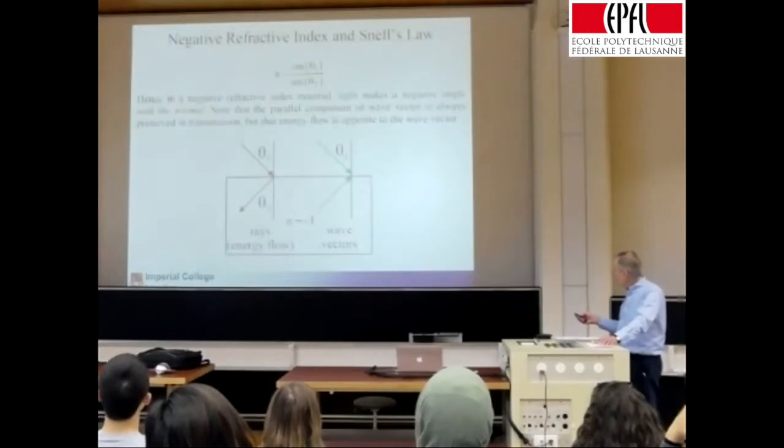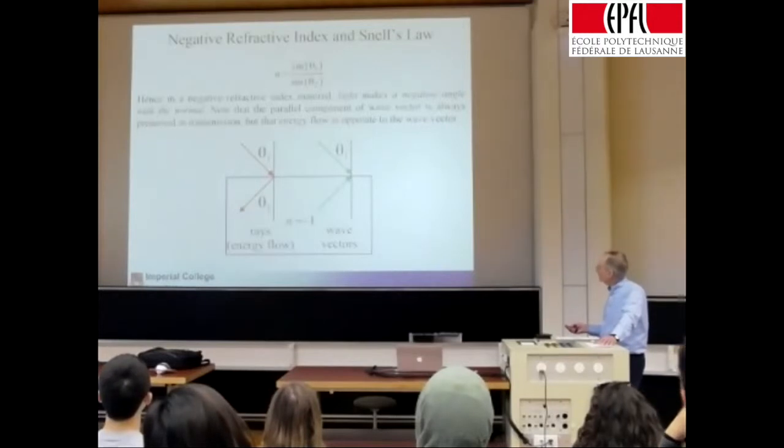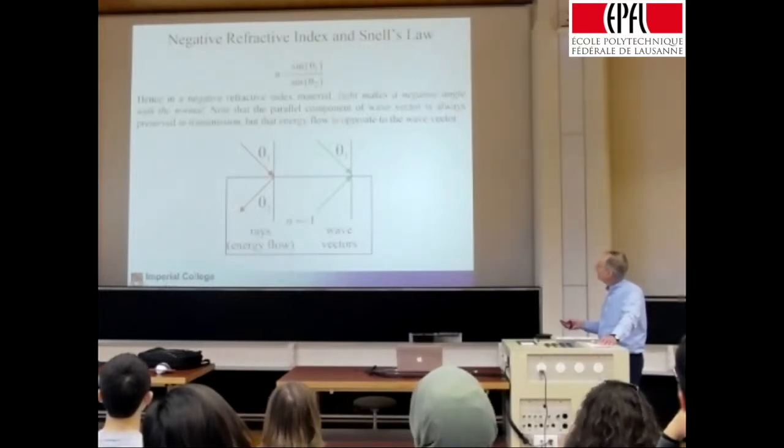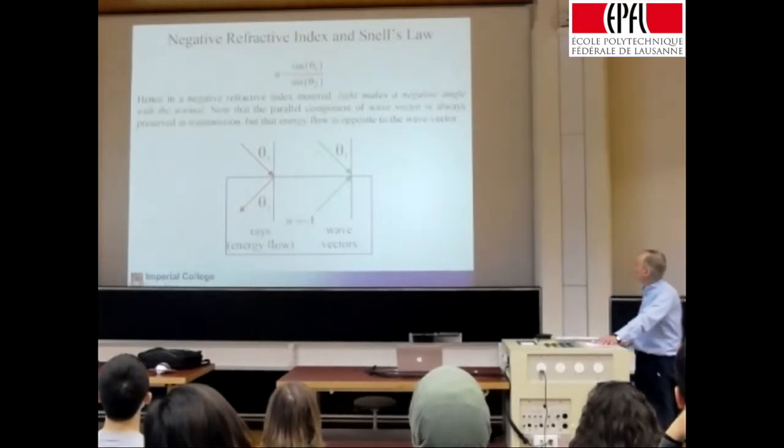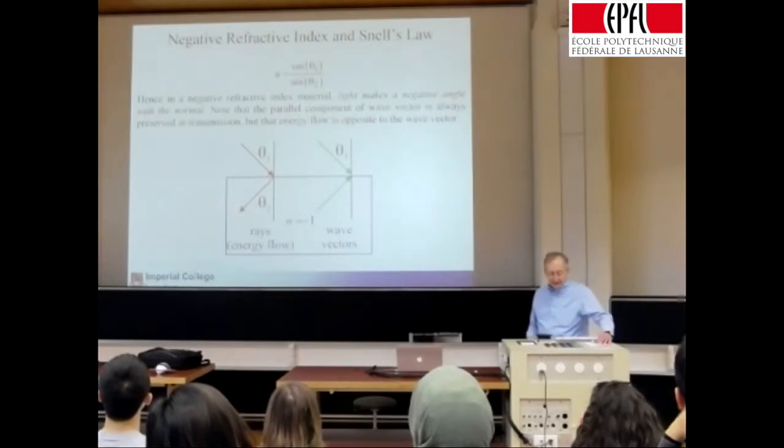I've got a little sketch of that here. So this is negative refraction in action. The light comes in, and instead of coming this side of the normal, which would be positive refraction, if this angle is negative, that counts as negative, then by Snell's law, you find you have a material with a negative refractive index.